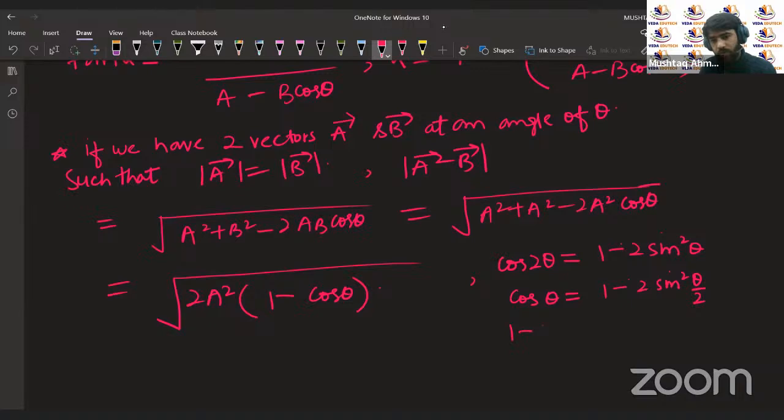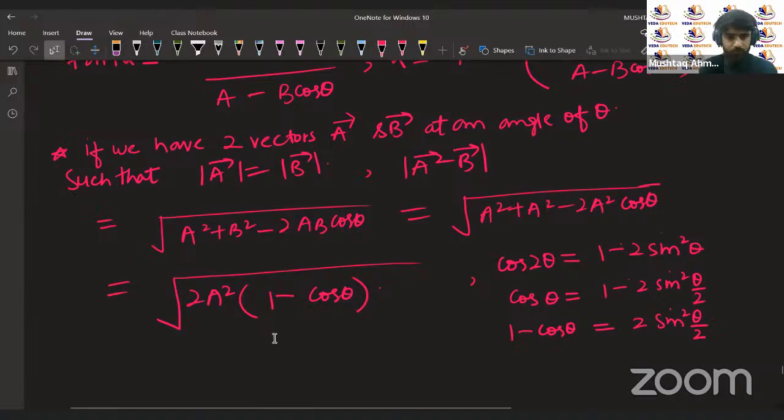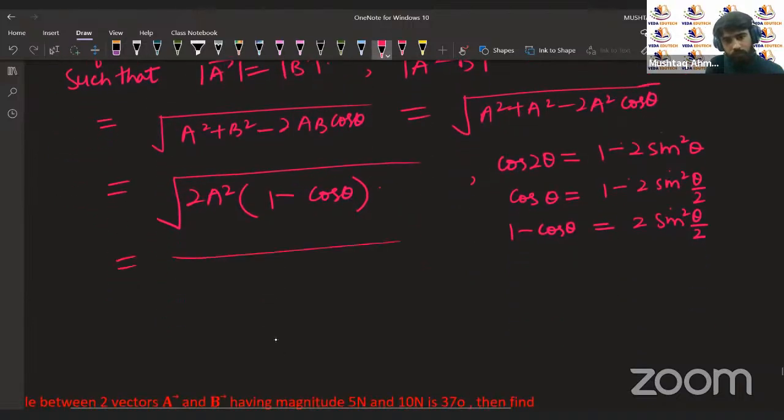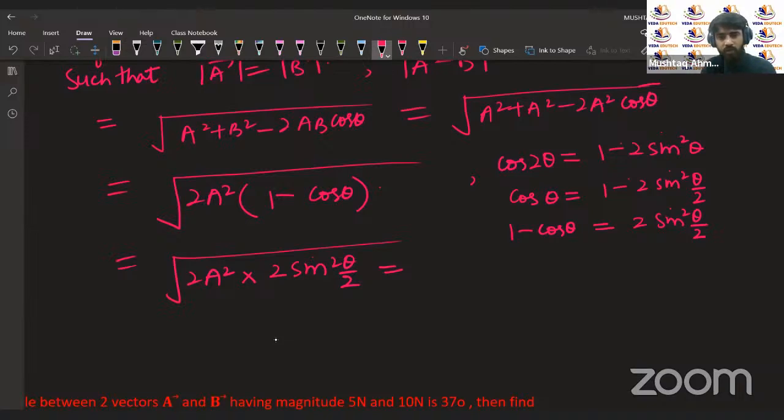So from here, 1 minus cos of theta will be equal to 2 sine square theta by 2. So we can replace 1 minus cos theta in this equation with 2 sine square theta by 2. This is our 2A square, so 2 multiplied by 2 is 4A square. Under root of this will be 2A, and square and root of sine square theta will get cancelled. We'll be left with sine theta upon 2.